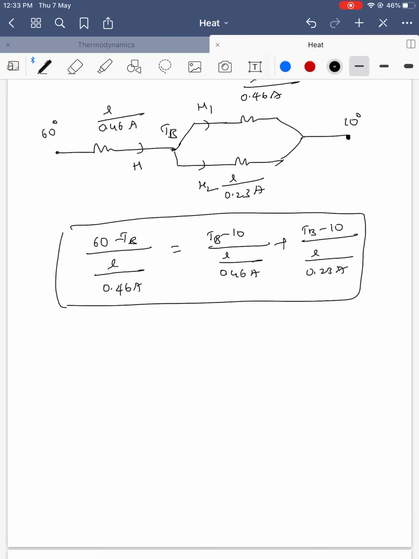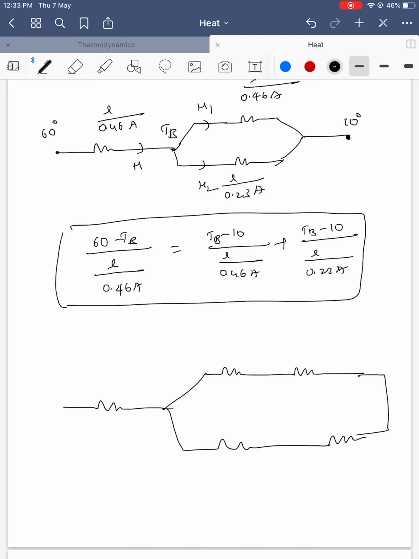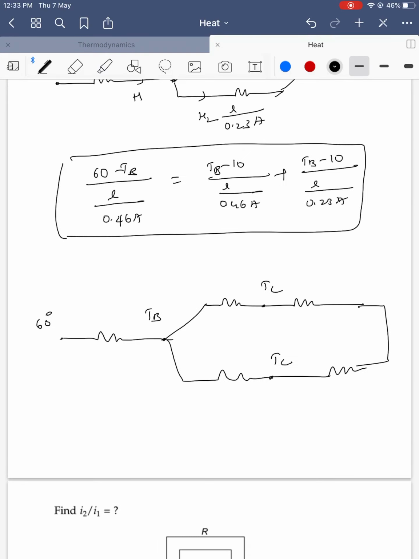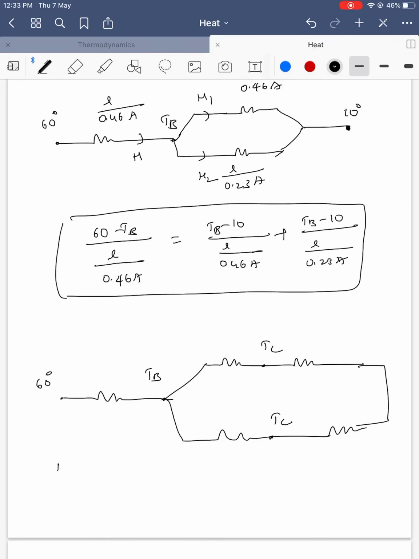After getting the TB value, don't just leave it. Draw the first diagram again to get TC. Here is TB and here is 60 degrees, and here is TC, the same for both. So 60 minus TB by L by 0.46 A is equal to H, which is H1 plus H2.